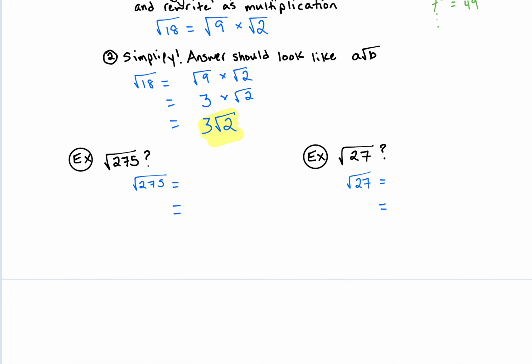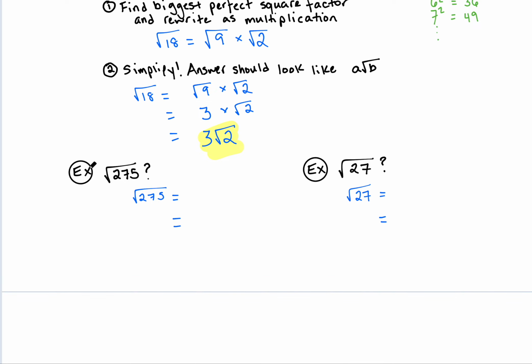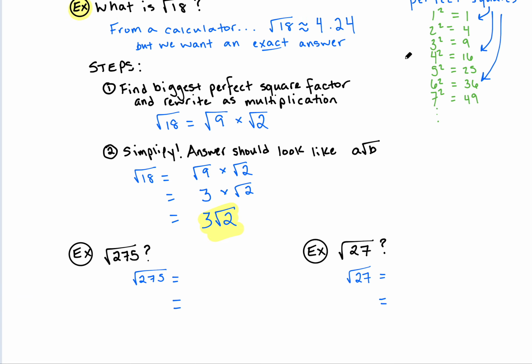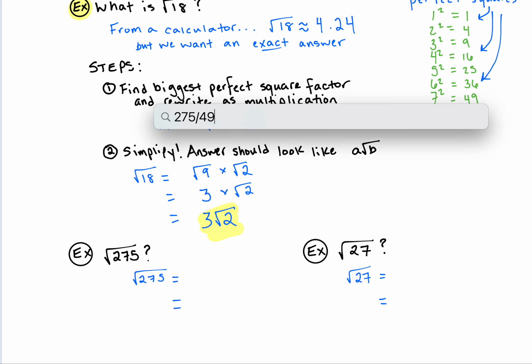Let's take 2 more examples. I think the hardest part of this is figuring out which perfect squares divide the number, so I would encourage you to have a little list like this somewhere on your paper. I've got it in your slides for the day, so you can reference it when needed. So 275: what divides 275? I want to look through this list and go backwards. Let's start with 275 divided by 49.